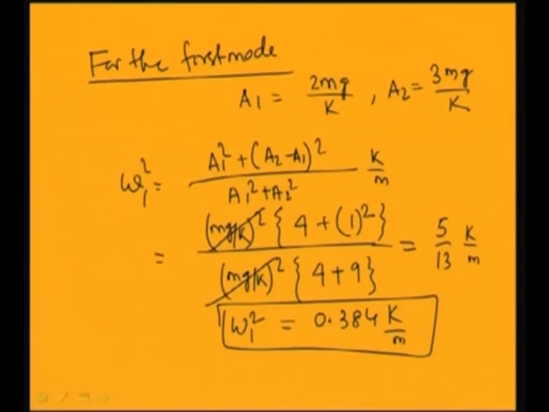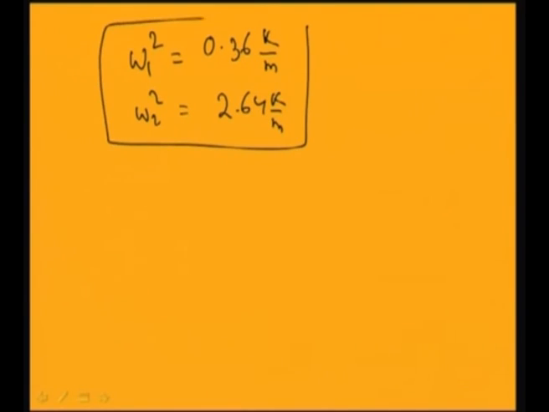You can see the exact values are omega 1 square equal to 0.36 k by m and omega 2 square equal to 2.64 k by m. These are the exact values, and in this case we obtained omega 1 square equal to 0.38 k by m and omega 2 square equal to 2.5 k by m.